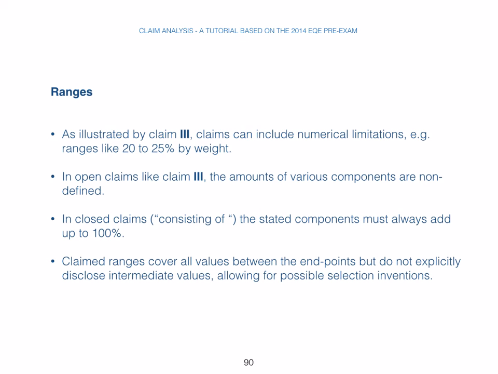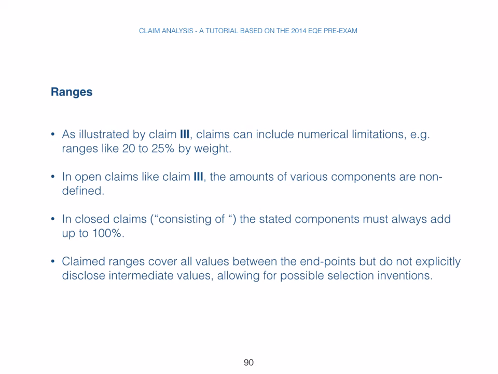Ranges, as illustrated by claim 3, claims can include numerical limitations such as ranges, e.g. 20 to 25% by weight. In open claims like claim 3, the amounts of various components are non-defined.